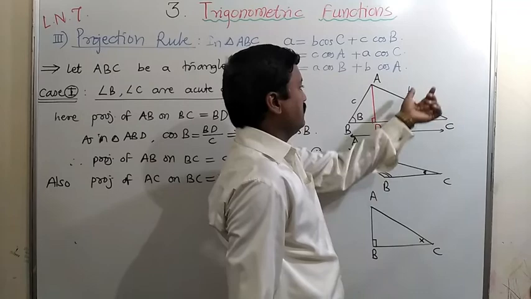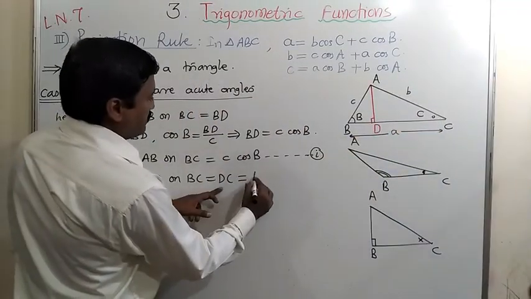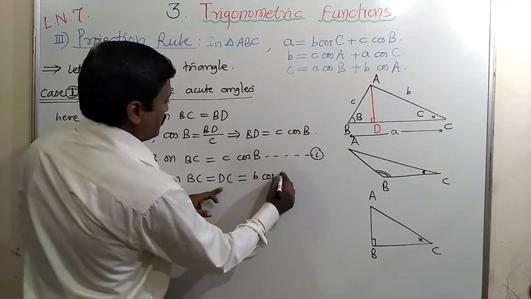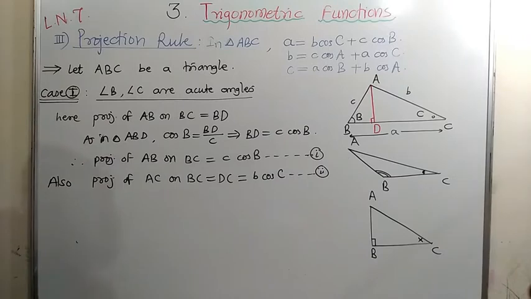Therefore DC is equal to b cos C. So in the same way we get DC equal to b cos C. This is the second one.